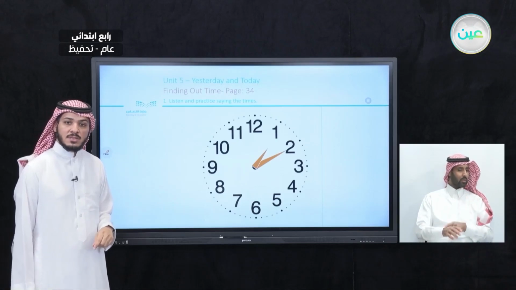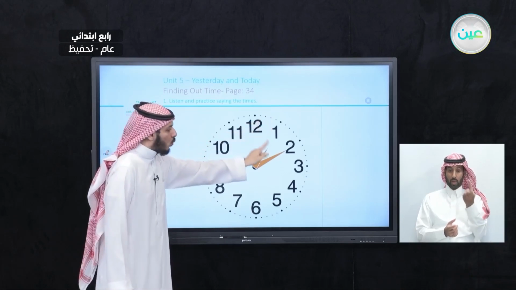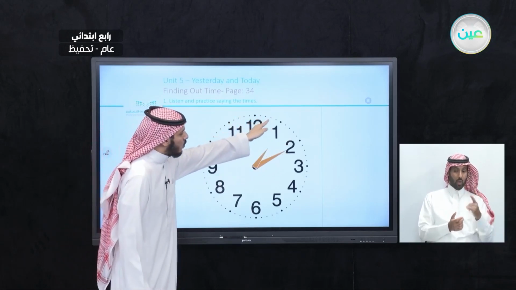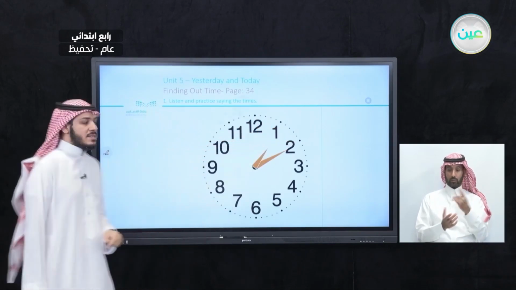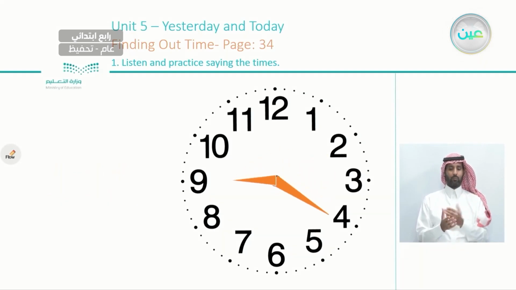Okay. Now, what about this? Yes, what time is it? It's 1. What about the minutes? Yes, 10. So we have 1, 2, 3, up to 10. Excellent. So we have 1:10. Okay. Now, what about this? What time is it? This is the short, 9.